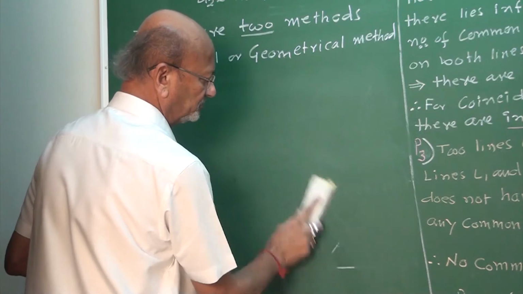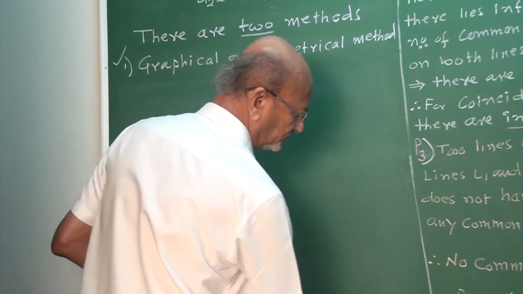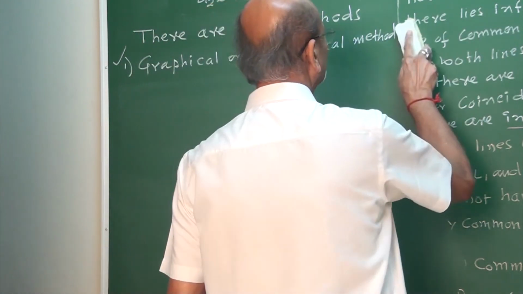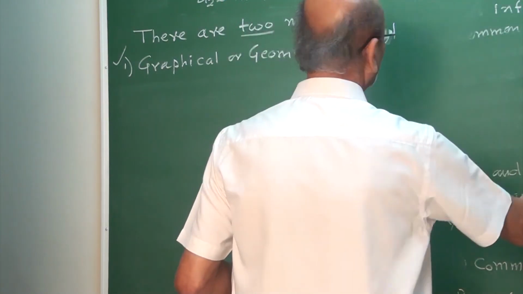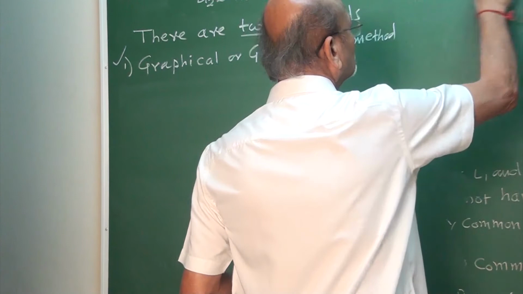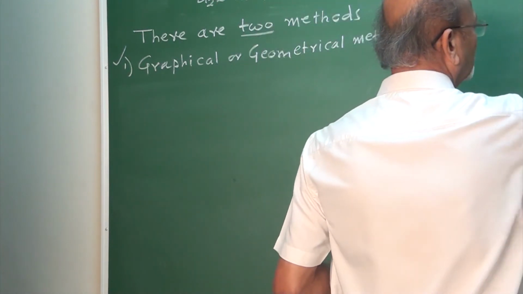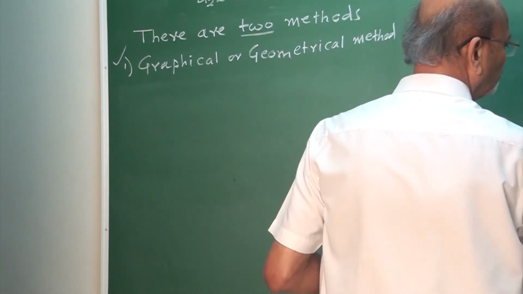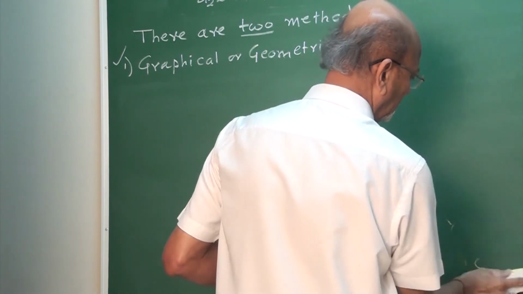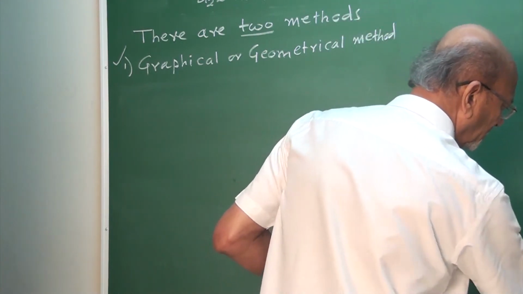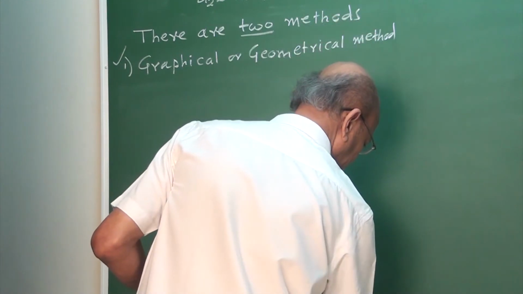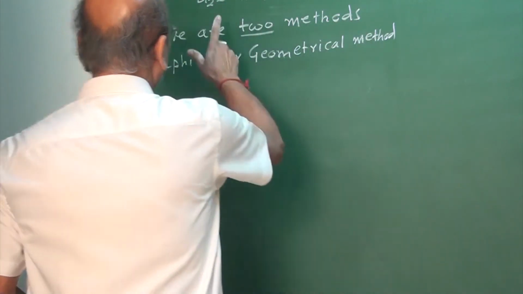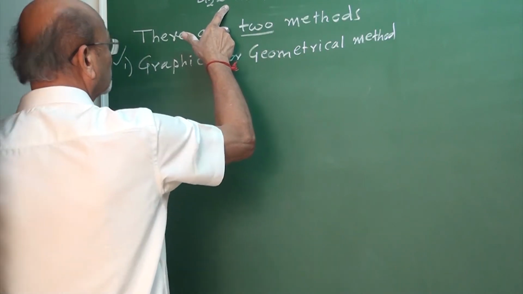Equations of the two lines are given. Those are called algebraic equations of two lines.